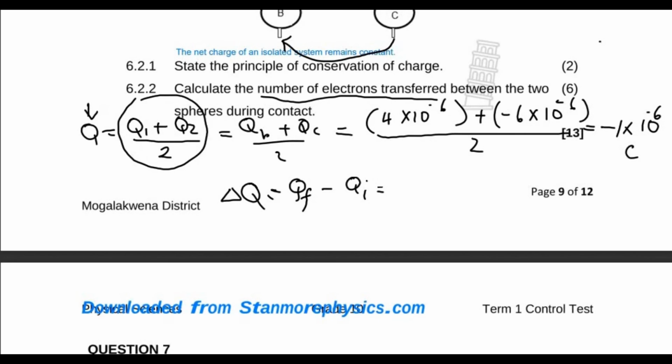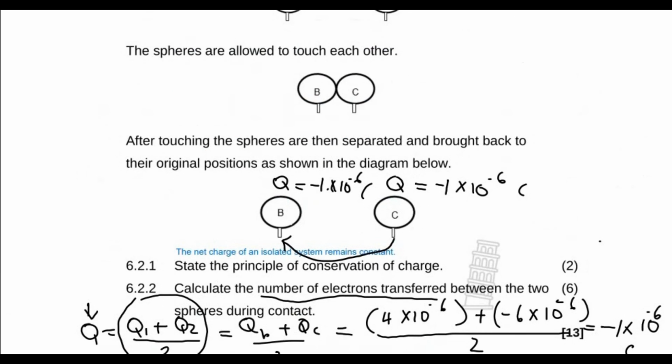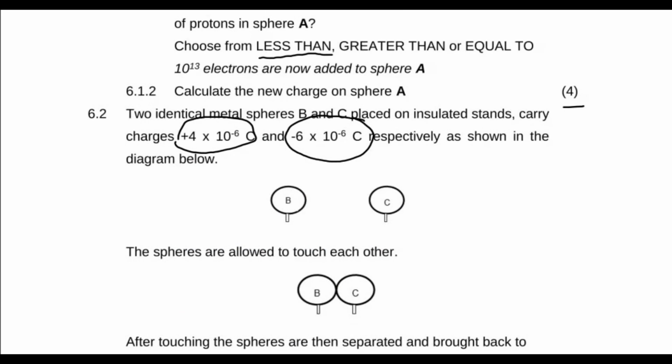So change in Q is going to be QF, the final charge on that sphere after touching, which was minus 1 multiplied by 10 raised to the power of minus 6, minus the initial charge on that sphere, which was 4 multiplied by 10 raised to the power of minus 6. Let me double check. Yes, that was it on B.